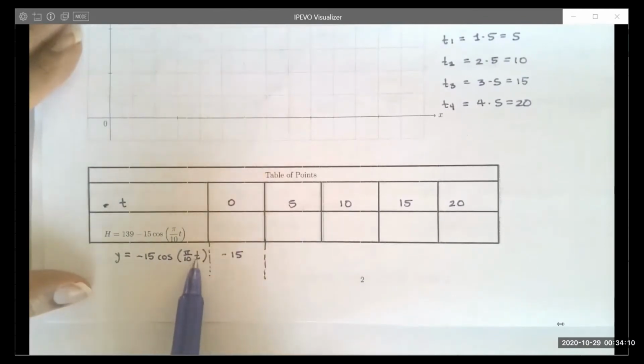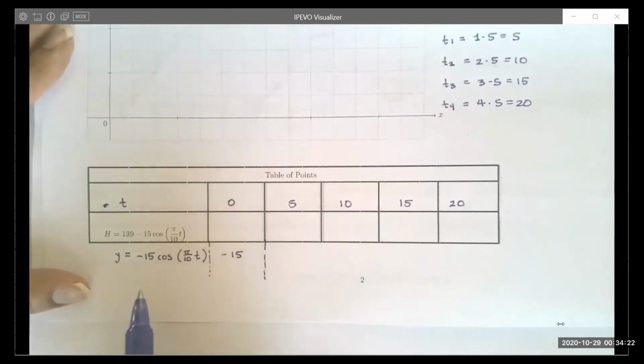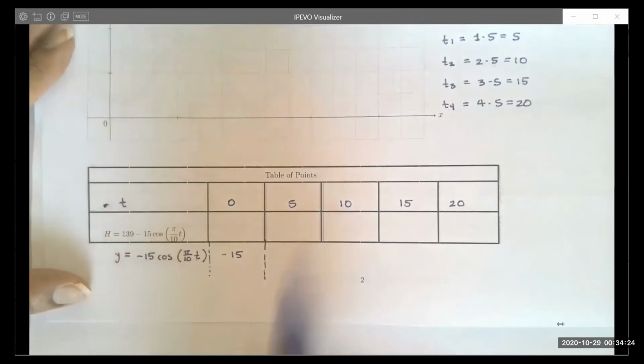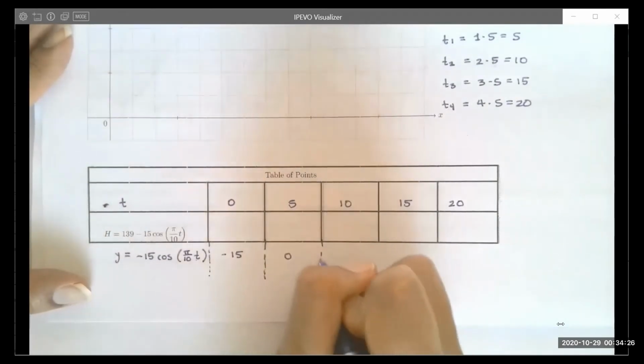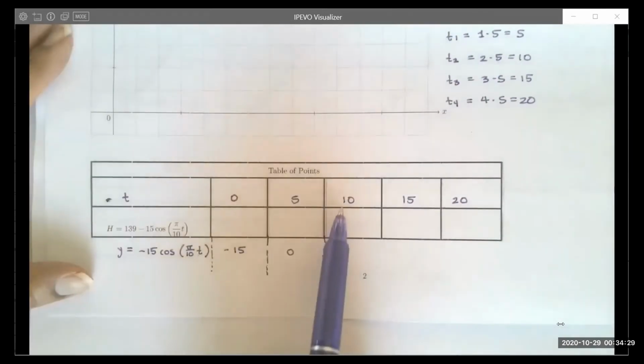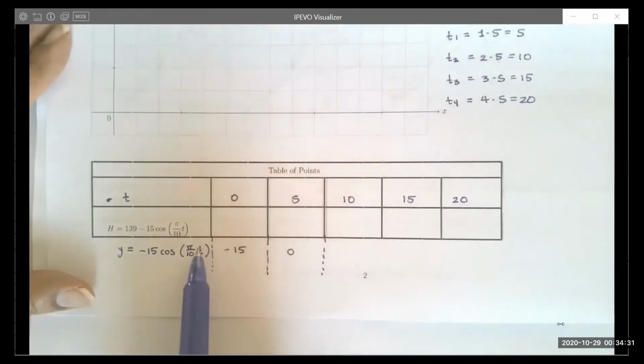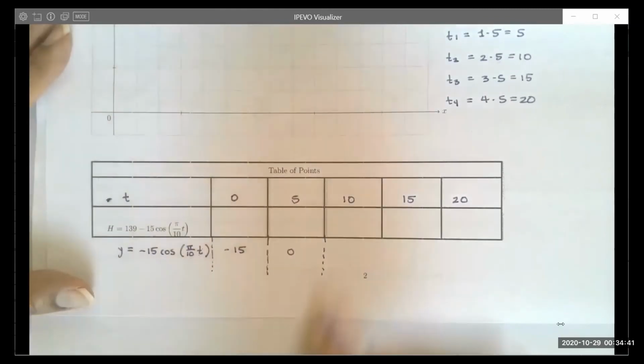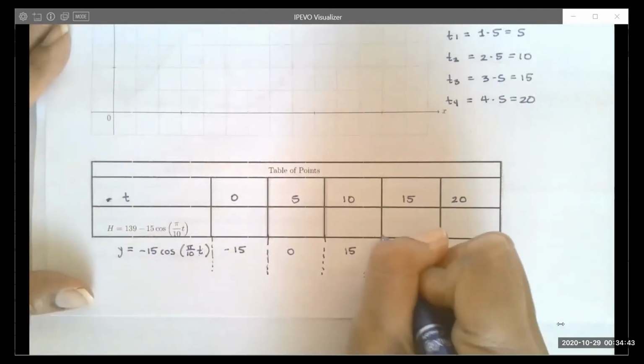If you replace the t with the 5, we get pi over 10 times 5, so that's 5 pi over 10, which is pi over 2. Cosine of pi over 2 is 0, and negative 15 times 0 is 0. And if we plug in the 10, 10 times pi over 10, we'll cancel out the 10 so that we just have pi. Cosine of pi is negative 1. Negative 15 times negative 1 will give us a positive 15.